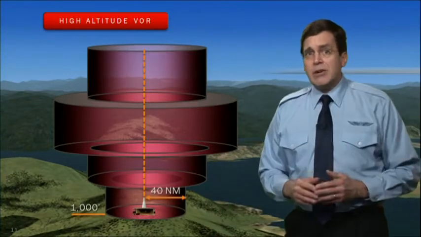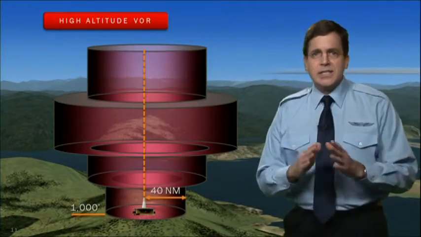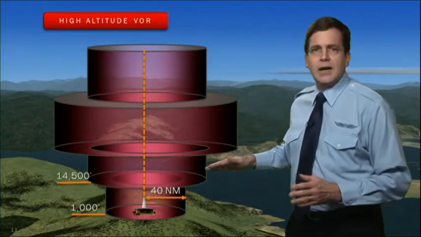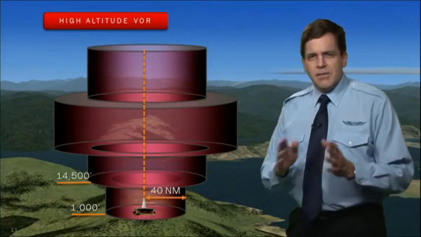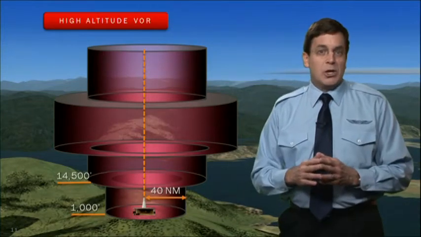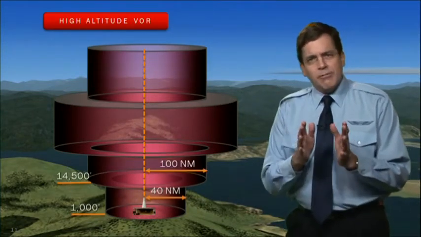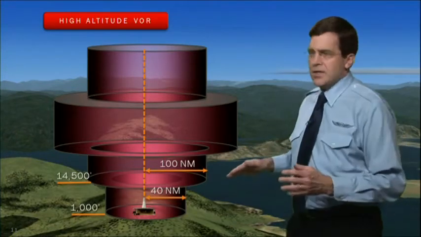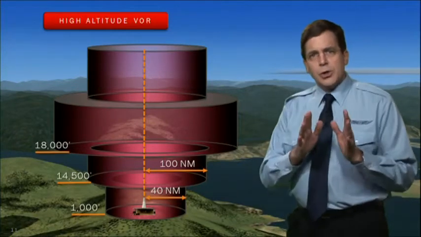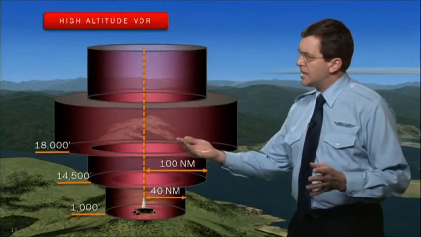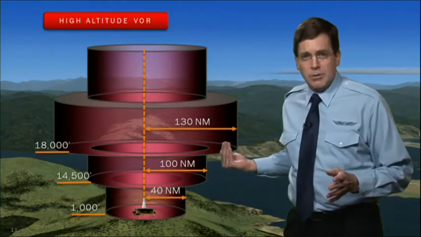But there the similarity ends, as the ceiling of this tier is 14,500 feet. The radius of this service volume is larger at 100 nautical miles. From 14,500 feet to 18,000 feet, the third tier is largest with a radius of 130 nautical miles.